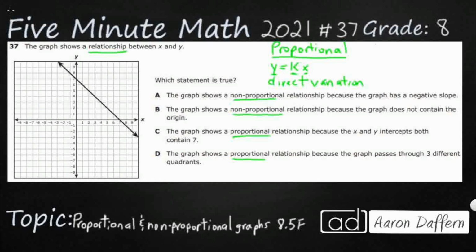And what that means is that you can actually write these as a proportion, right? So you can solve problems that show proportional relationships with a proportion if you would rather do that instead of using this equation. All right, so non-proportional are obviously going to be slightly different because they're not proportional.